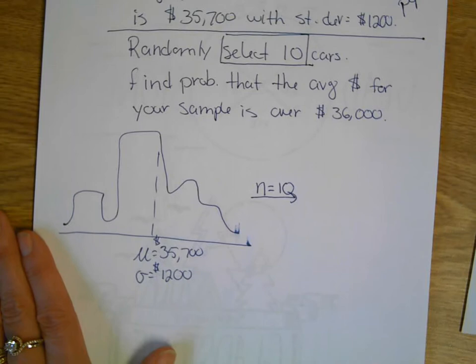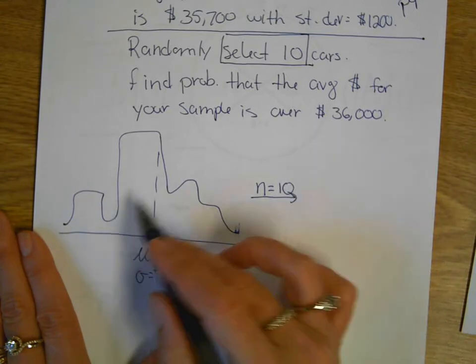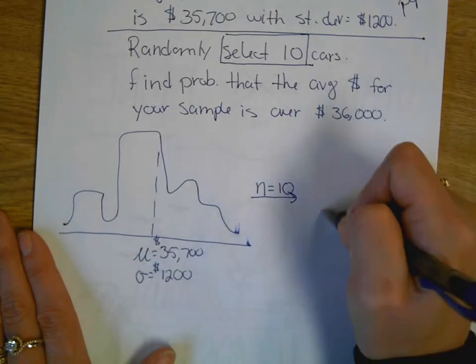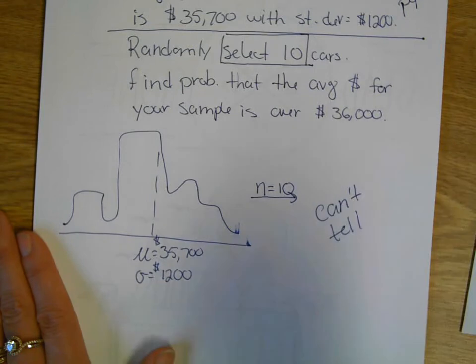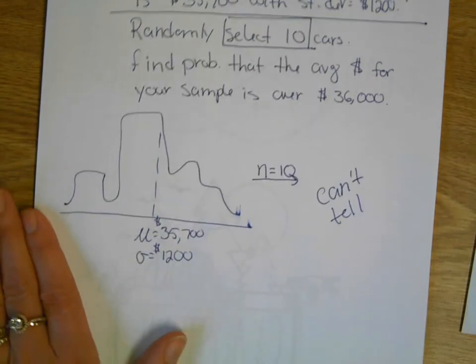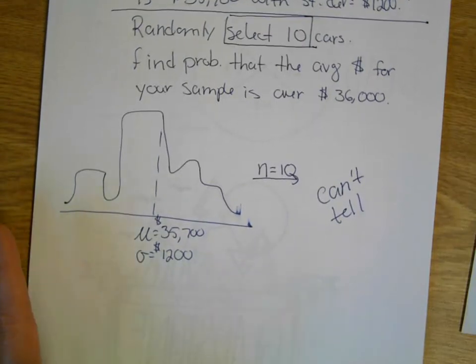What do I know about the sampling distribution shape? I don't know for sure that it's going to be normal because I didn't hit the magic number 30 from a non-normal population. So, can't tell what this is. Problem's done.